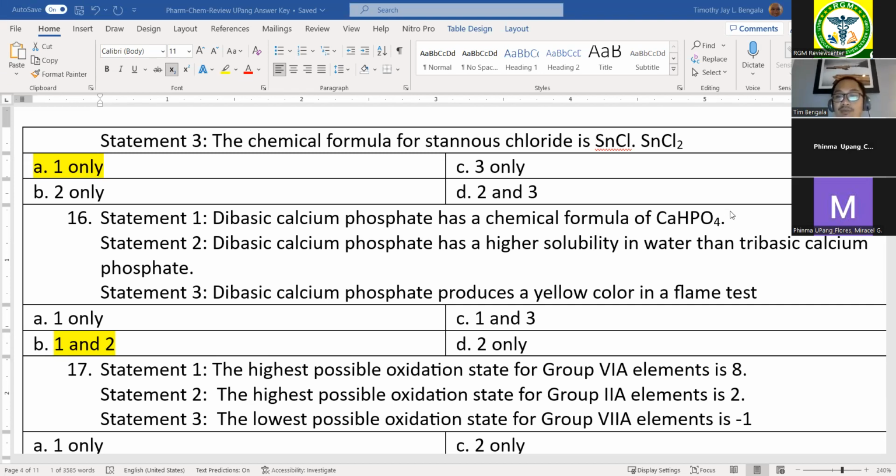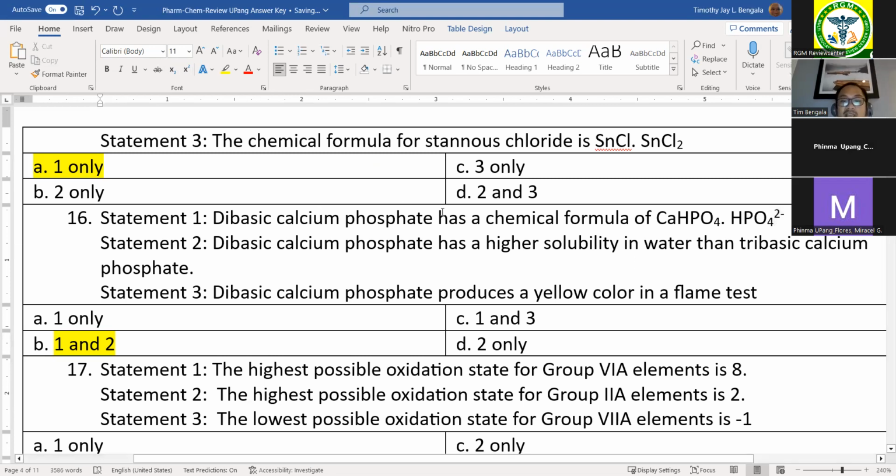So, kung removal of 2 hydrogens, so tama, HPO4 yun. So, HPO4 would be 2 minus, no? Yung charge would be the dibasic phosphate. Agree tayo doon, no? Kasi nawalan siya ng dalawang hydrogen. Okay? So, ayan yung dibasic. So, that means this is actually, yes, dibasic calcium phosphate.